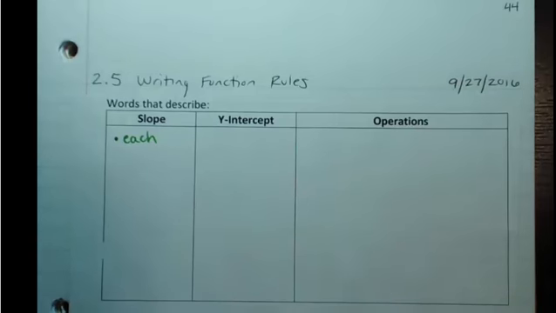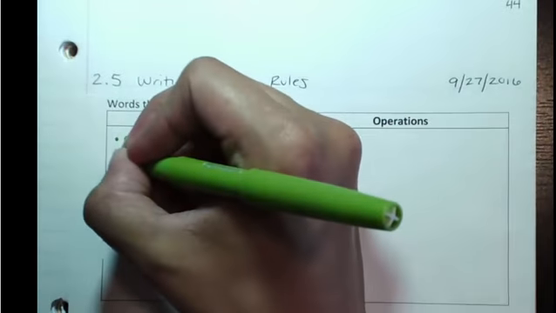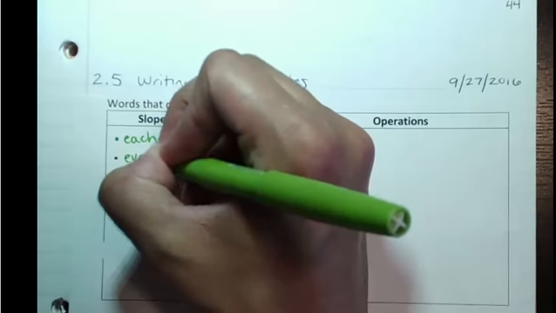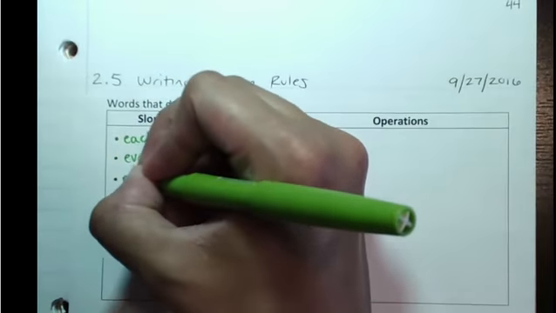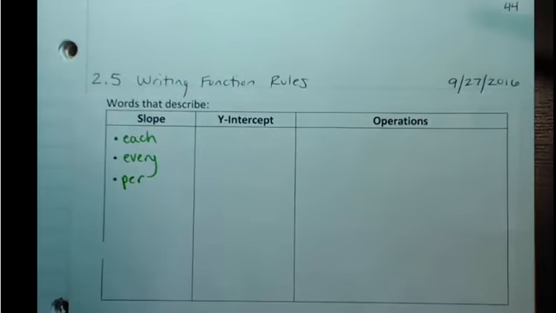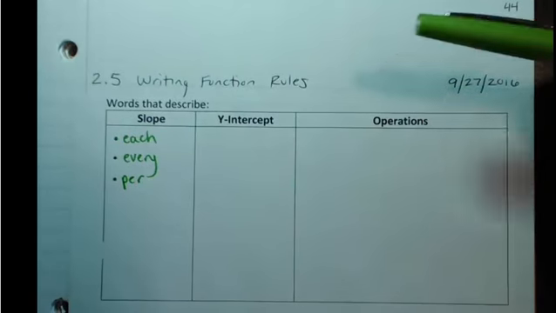Each hour that the workers work is an additional $30. Or every ice cream topping that you add is an extra $1. Or per. These are the three words that we'll see a lot that represent slope: each, every, and per.